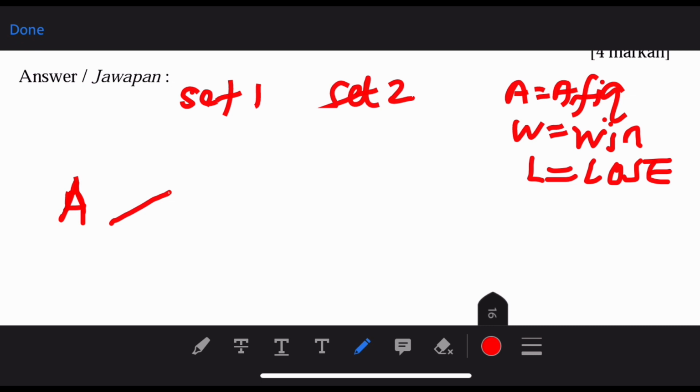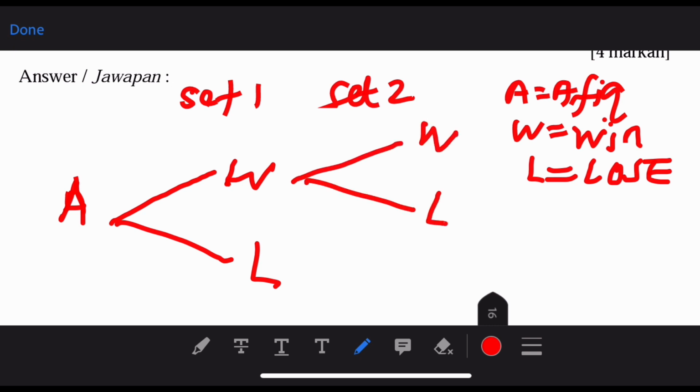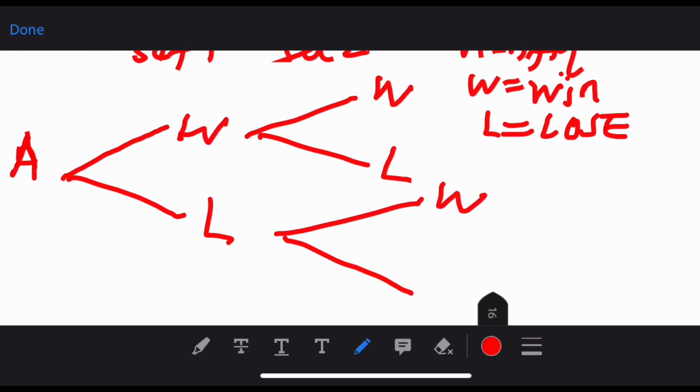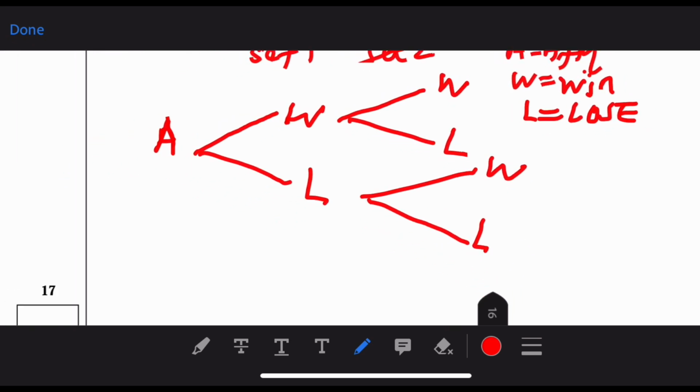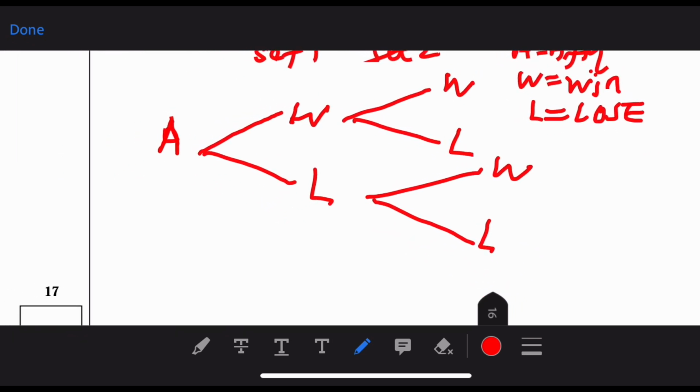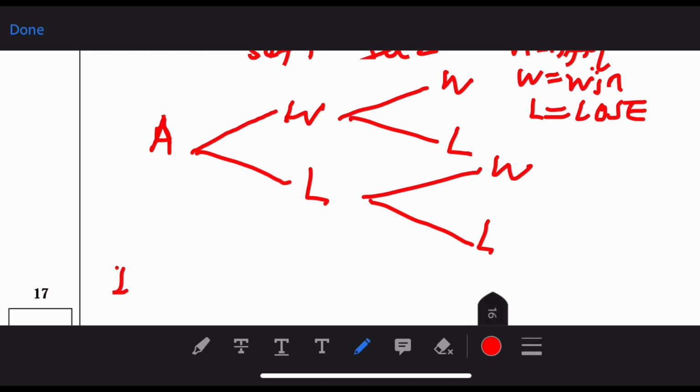We will draw the line to branch out the outcomes win and lose. Then we will branch out for set 2 of the tournament. Still the same, the outcome is either win or lose. And then we need to label the probability values on the branches.